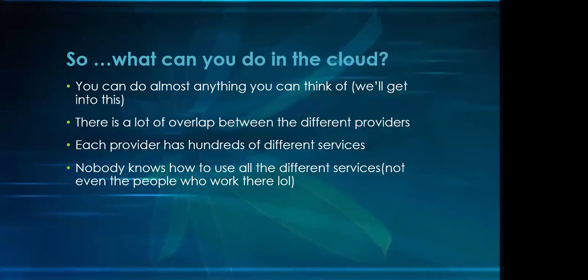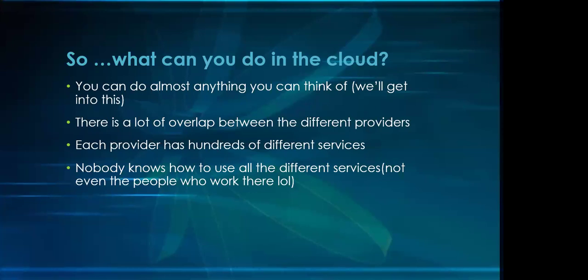So what can you do in the cloud? You can do almost anything you think of, really. We'll get to this. There's a lot of overlap between the different providers, by which I mean AWS, Azure, IBM or Google. Each provider has hundreds of different services.